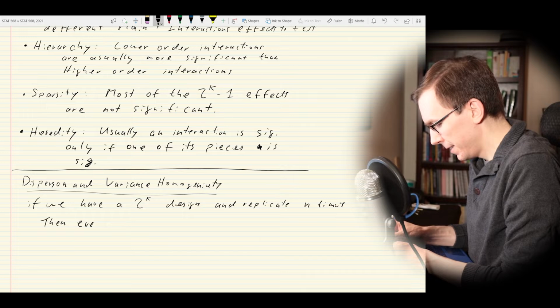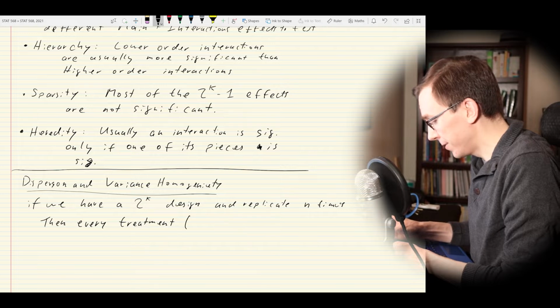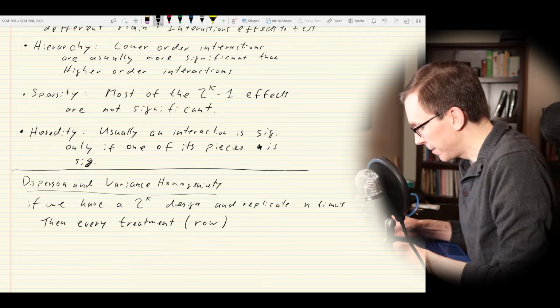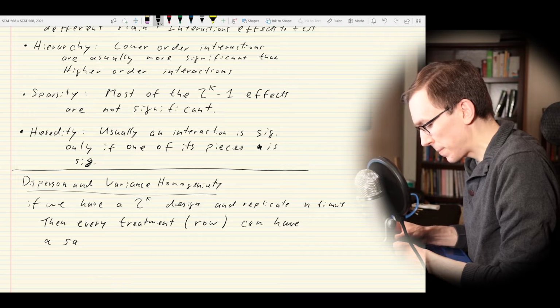Every treatment, remember the treatment is a row, it's a combination of factor levels, can have a sample variance.